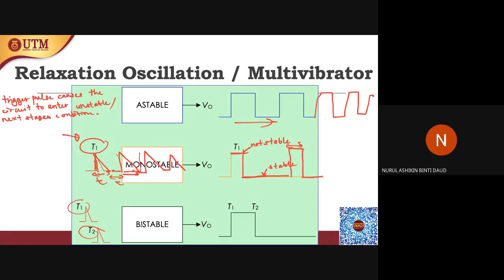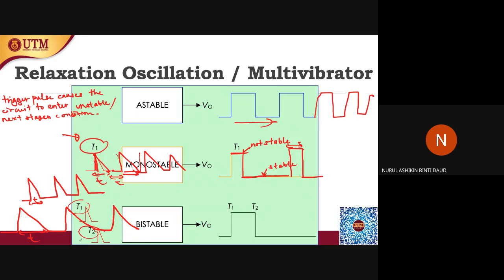For bistable, it has two trigger pulses, which might be different: one like this, and another one like this, where the time duration here is smaller and the time duration here is bigger.